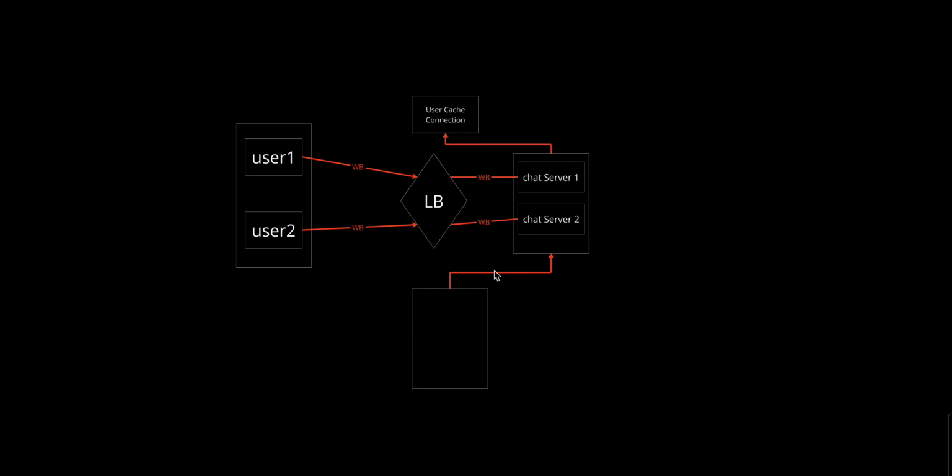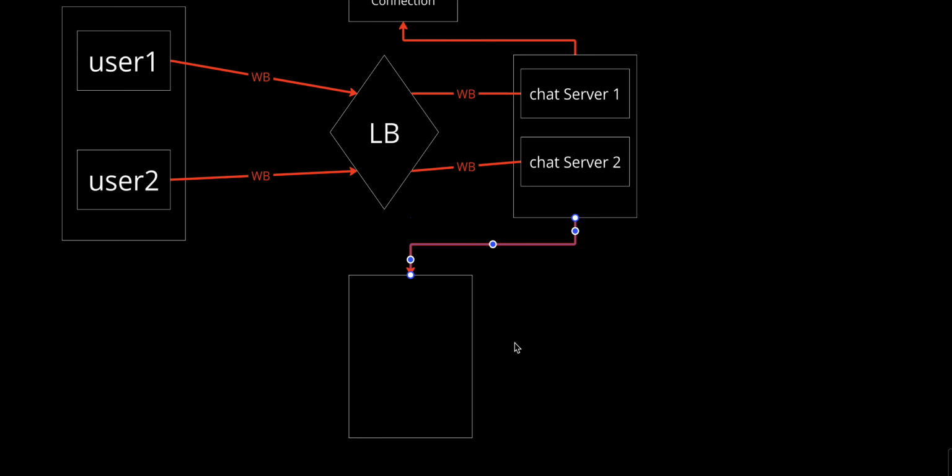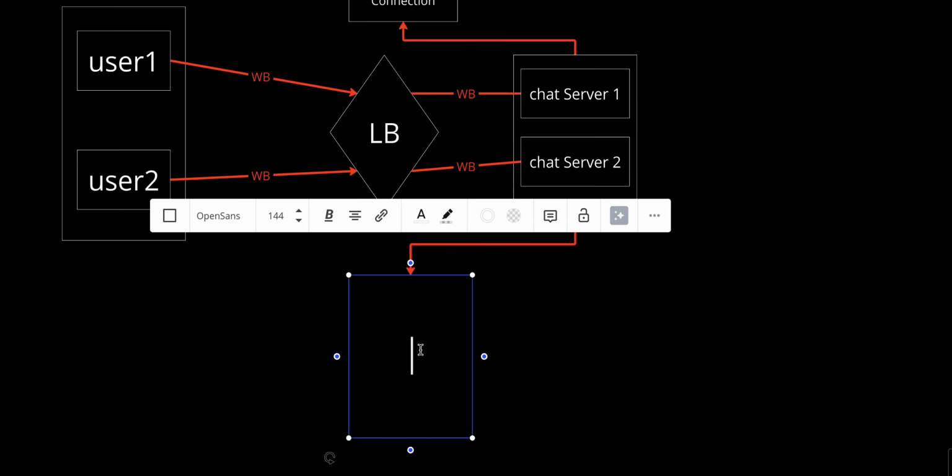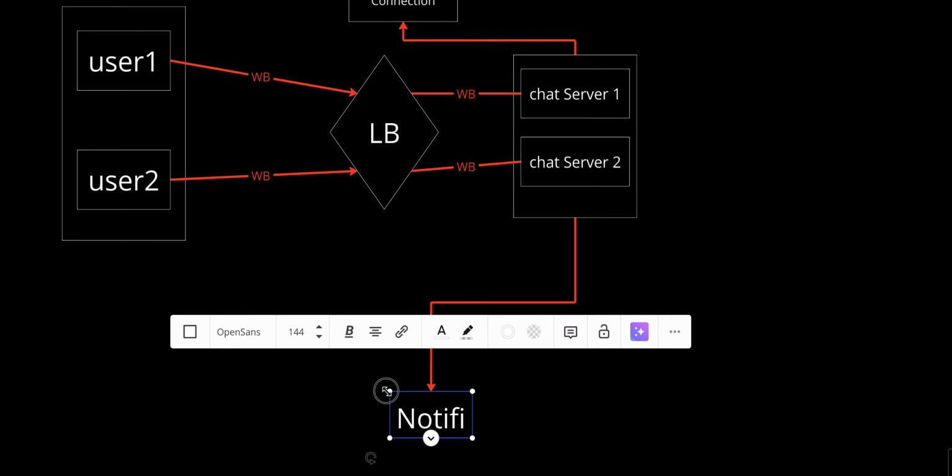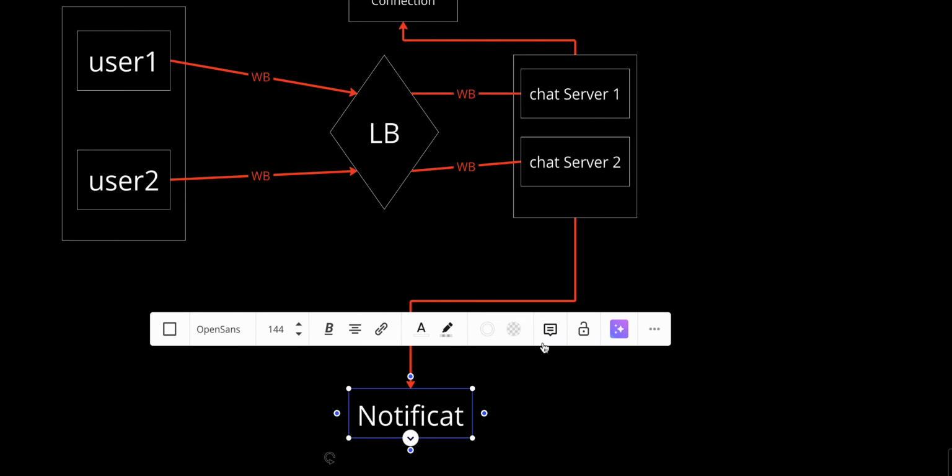Exactly. No, the other way around. Okay. Next, we need to talk about the notification service because it's quite important to have a notification service. And let's make it like that.